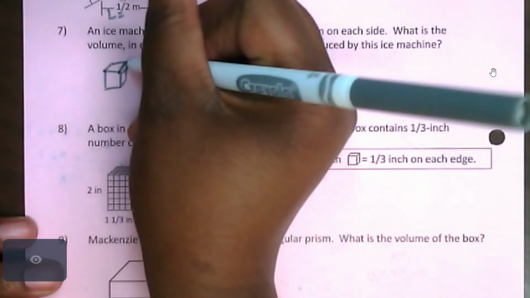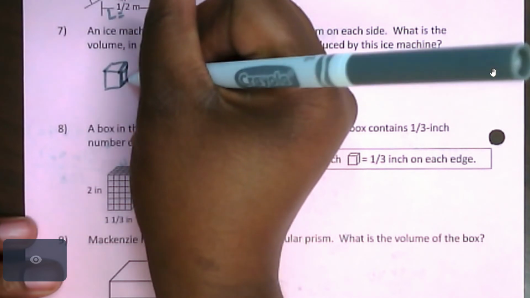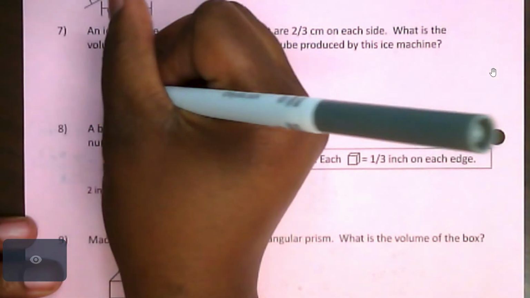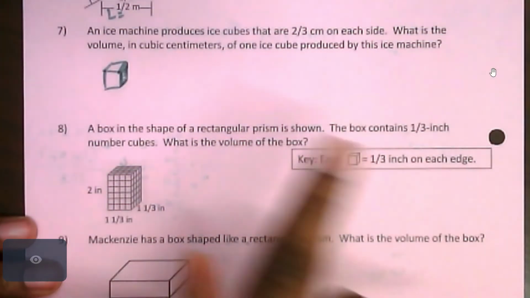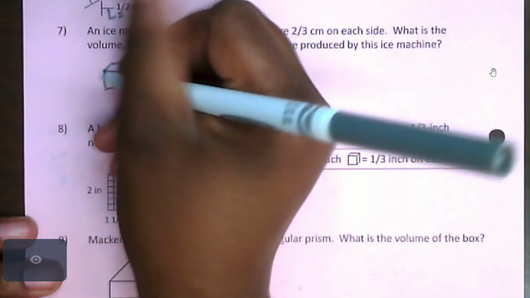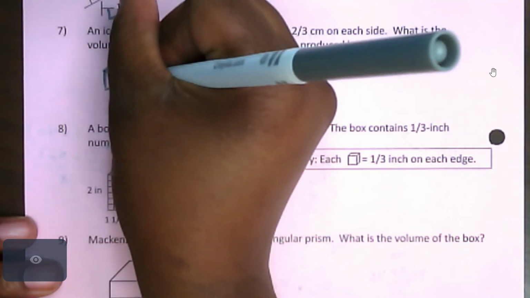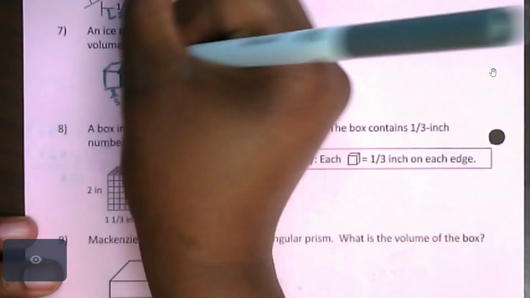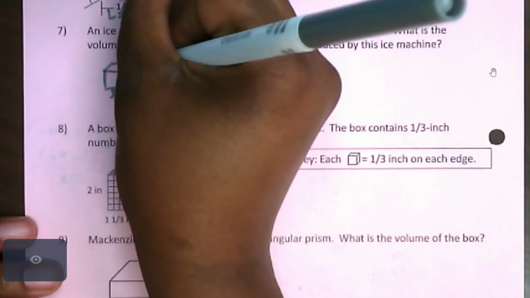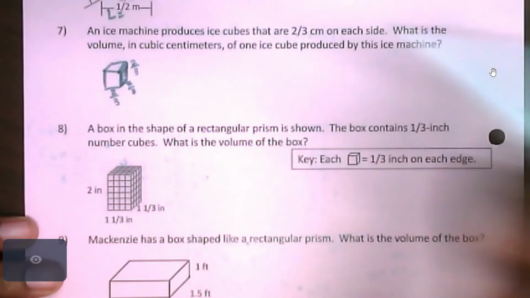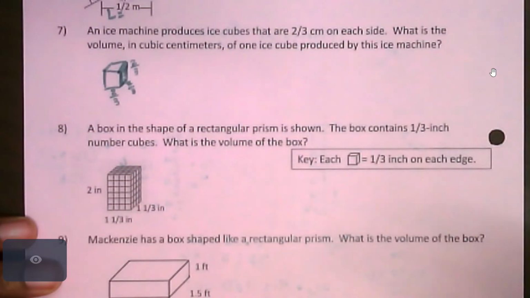It doesn't have to be perfect. If it's 2/3 centimeters on each side, this is 2/3, and the height is also 2/3. So it's a cube, and the length, width, and height each equal 2/3.